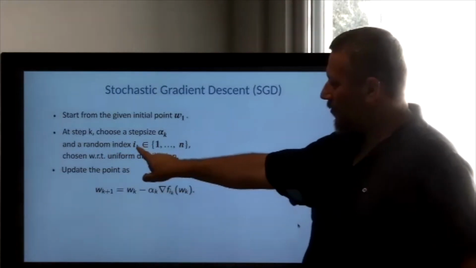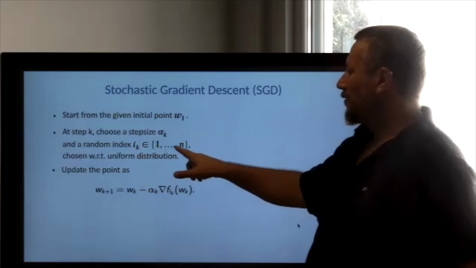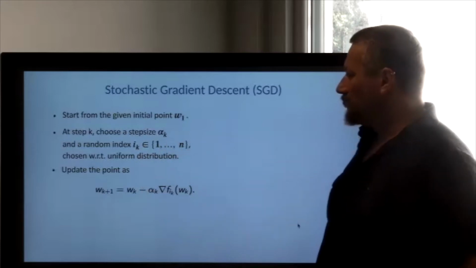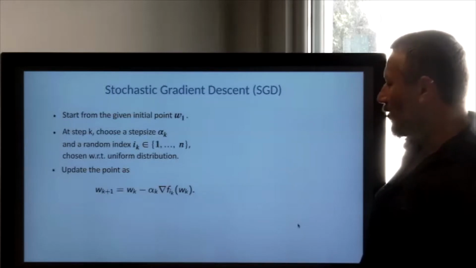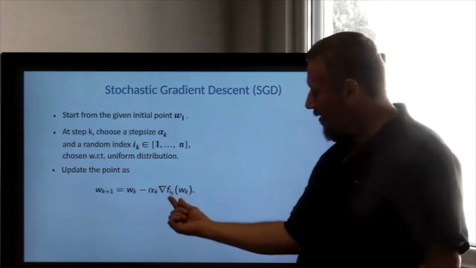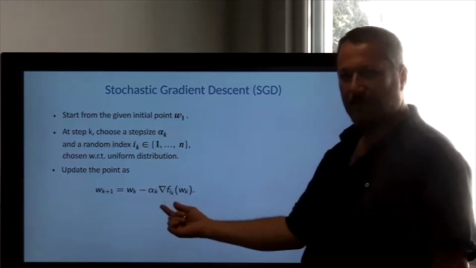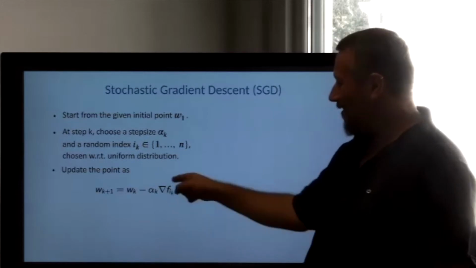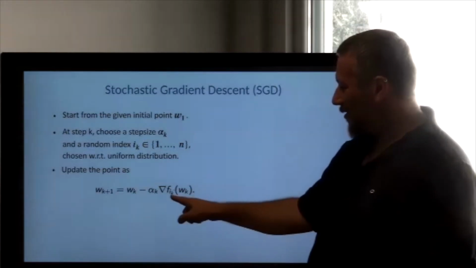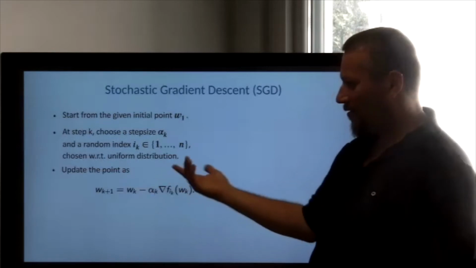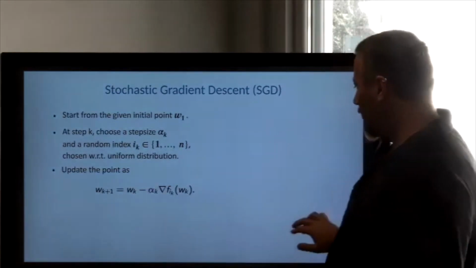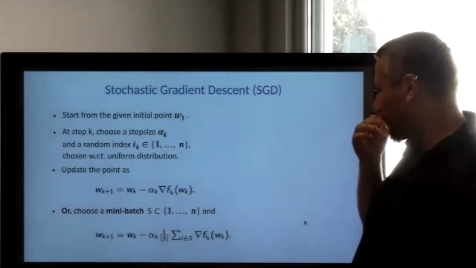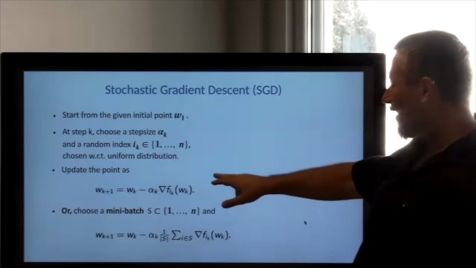So I'm just going to choose an index, ik, between 1 and n, uniformly at random. Then I'm going to use the gradient of the loss function just for the ikth data point, use the opposite direction, multiply it with alpha k, and use that to move to the next point. That's one way to do that.